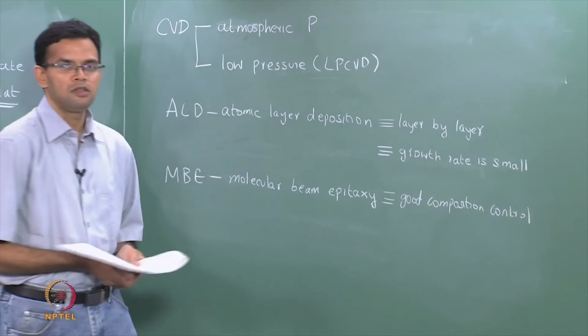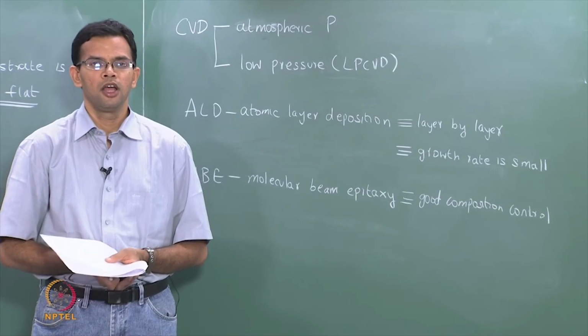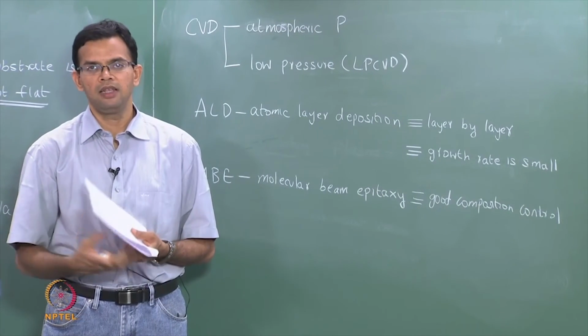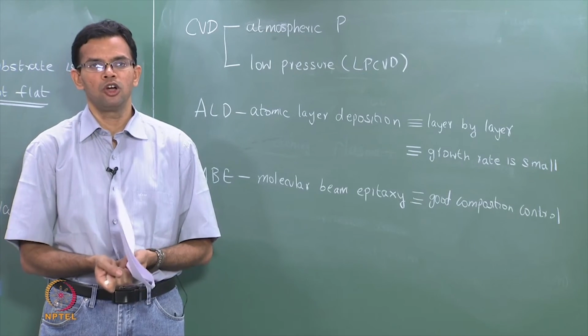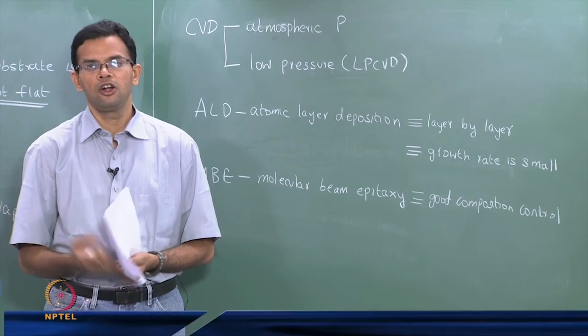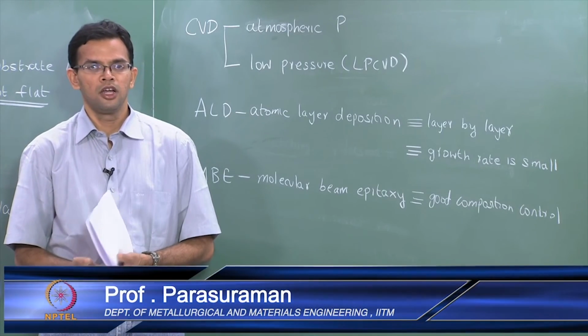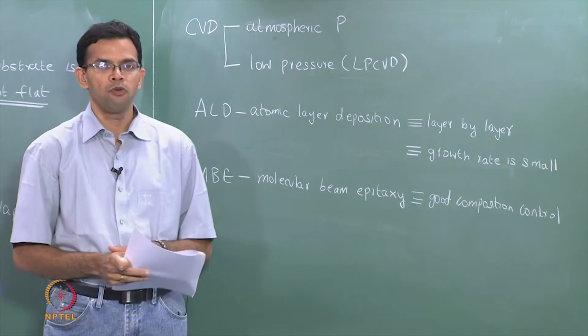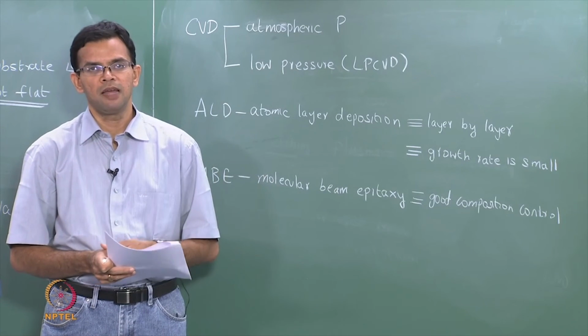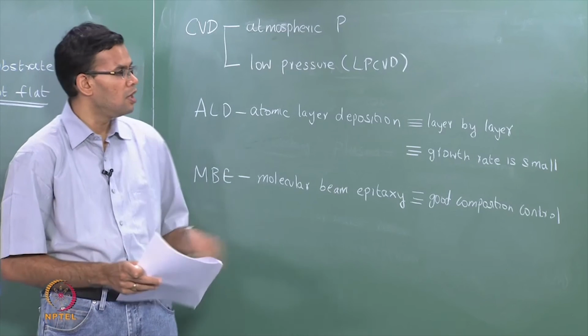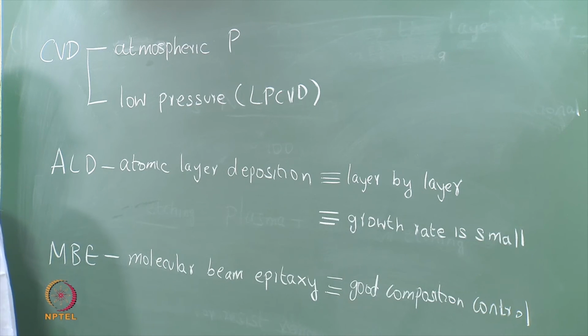For example, to grow gallium arsenide, you can have molecular beams of gallium and molecular beams of arsenic, both of which impinge onto your surface in order to form gallium arsenide. You can also introduce your dopants along with it if you want to form N-type or P-type gallium arsenide. So these are some of the examples of CVD growth processes.